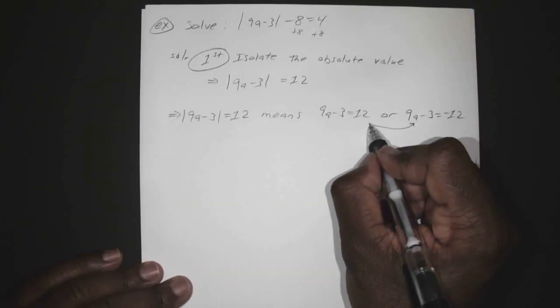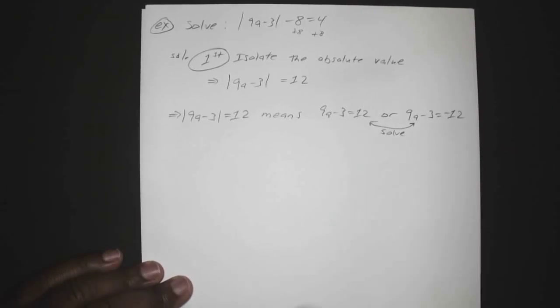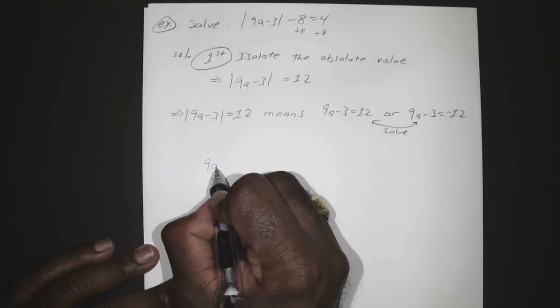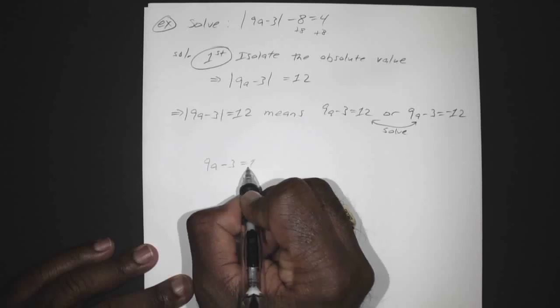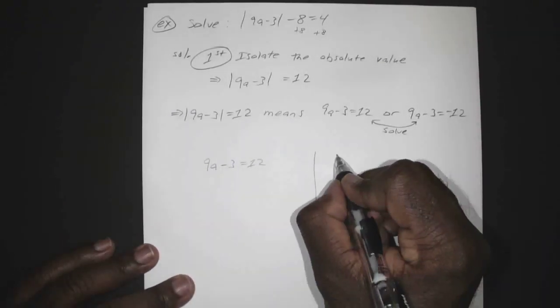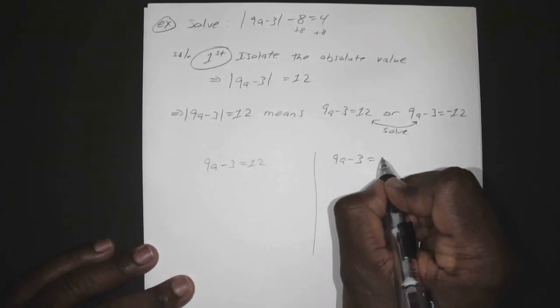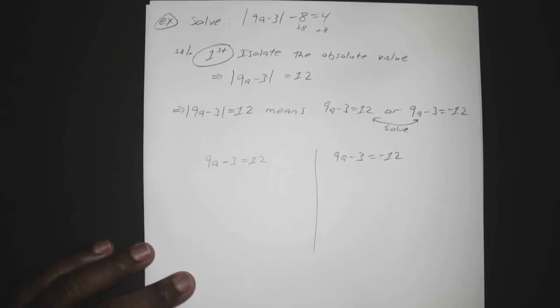And then we go ahead and solve them. So we have 9a minus 3 equals 12, and 9a minus 3 equals negative 12.